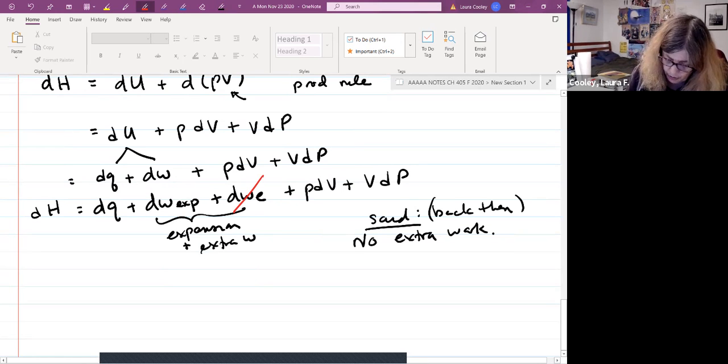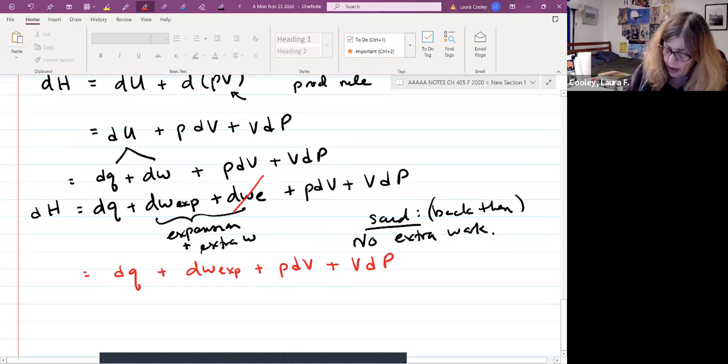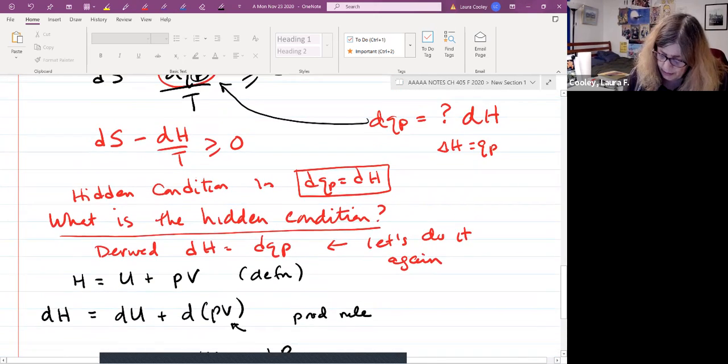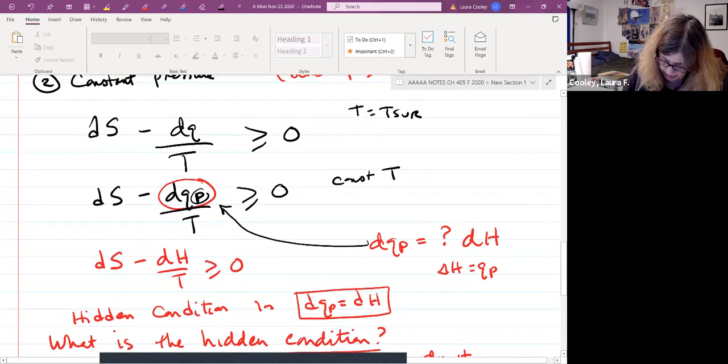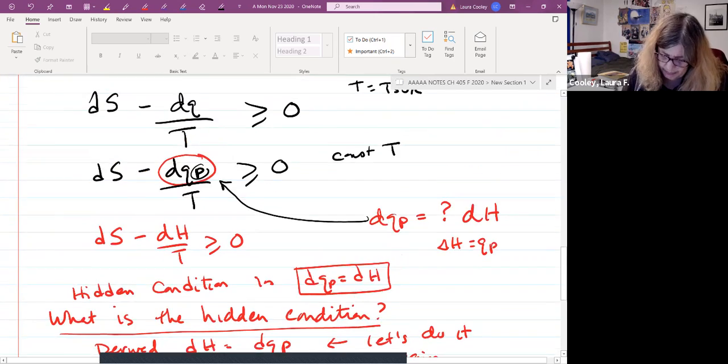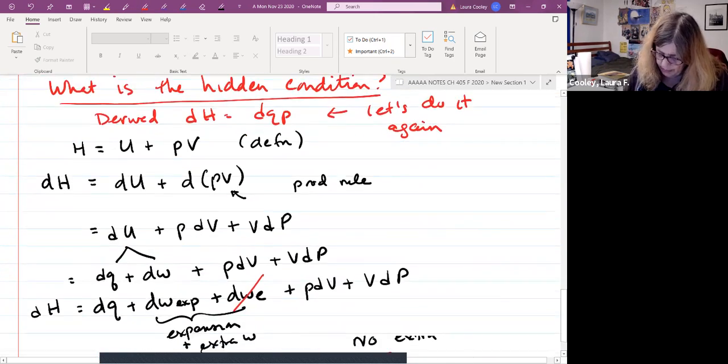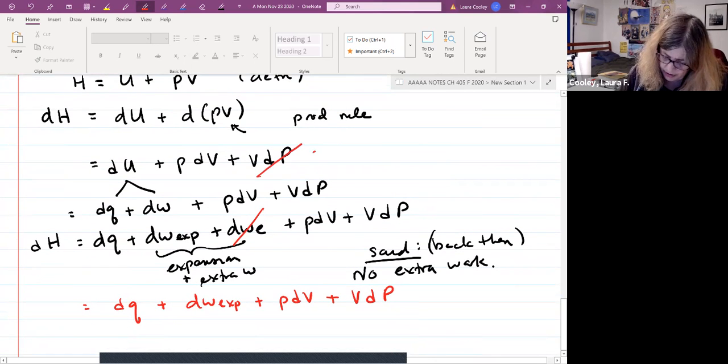So that meant that we just had here dQ plus dW expansion plus PdV plus VdP. Well, I don't know why I'm carrying this VdP, because I already said that the pressure is constant somewhere. I really should have gotten rid of that, because dP is 0.